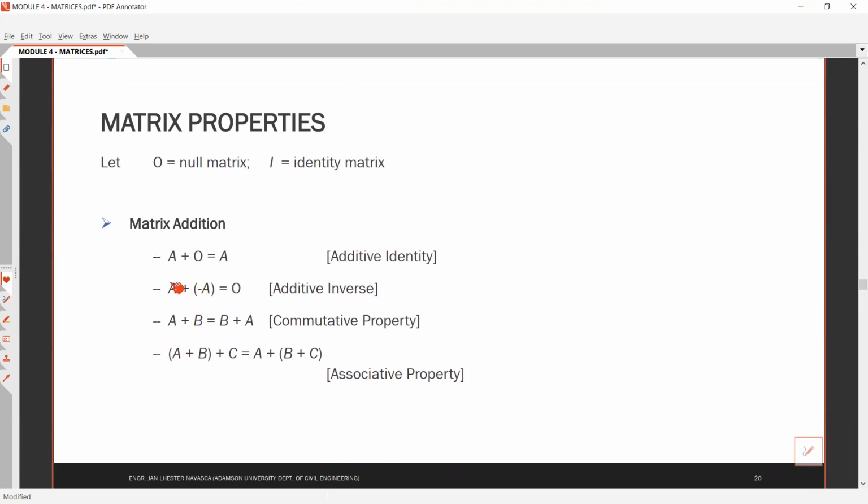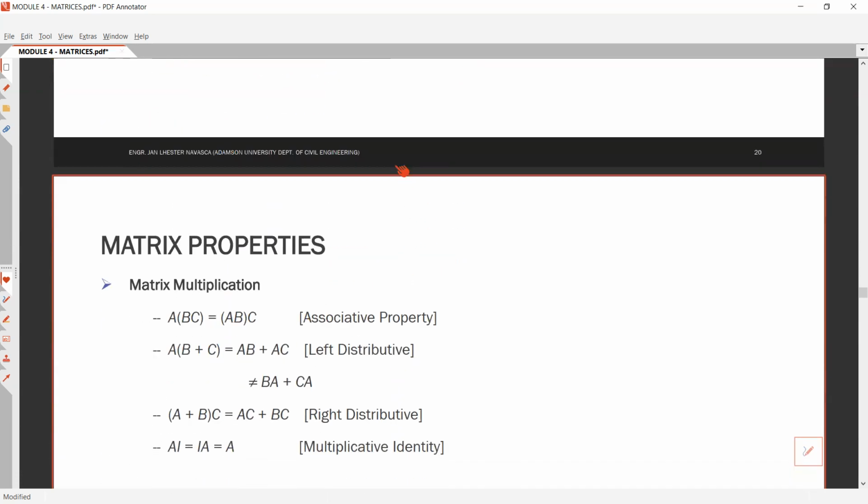Okay, for A plus negative of A is equals to the null matrix. Okay, next one. A plus B is equals to B plus A. And also the associative property, we have quantity of A plus B plus C is equals to A plus quantity of B plus C. Okay, we have the associative property.